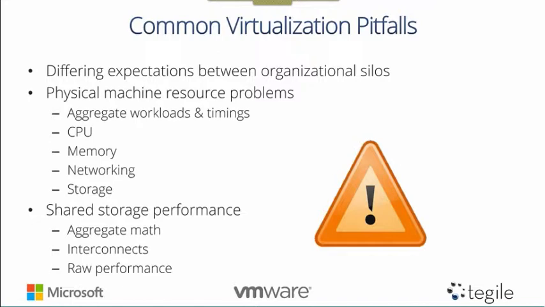Things get a little interesting. There's also the big push, and we'll talk about this here in a second. When it comes to physical machine resource issues, it all comes from consolidation and overcommitment of physical resources. The biggest one that I see comes with shared storage, and that's where things get really interesting.